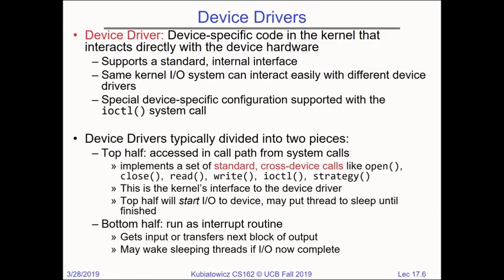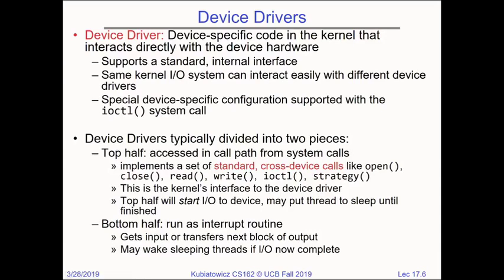Device drivers are typically divided into two pieces, the top and the bottom half. The top half of the device driver is basically the call path from the system calls. We showed you this probably in lecture 4 or something. I'm just reminding you. That top half has a standard set of cross-device calls like open, close, read, write, ioctl. This is the kernel's interface to the device driver. And the top half, if you remember, starts the process.